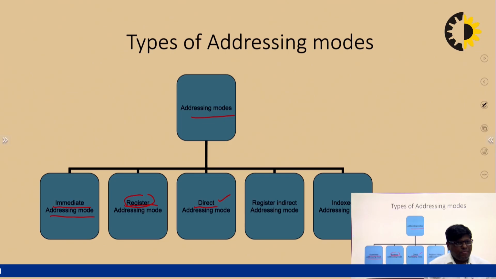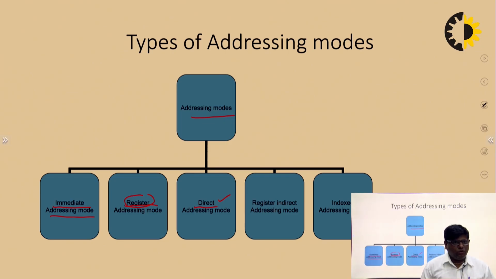The third one, the most important addressing mode, is known as the direct addressing mode. In this mode, an operand is associated directly with memory, so it is called the direct addressing mode. The fourth one is register indirect.